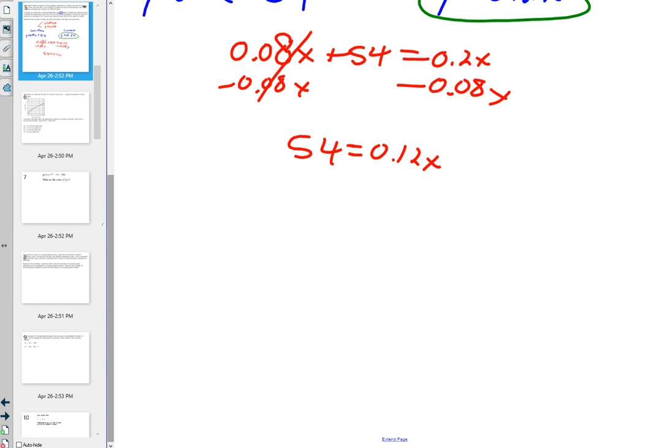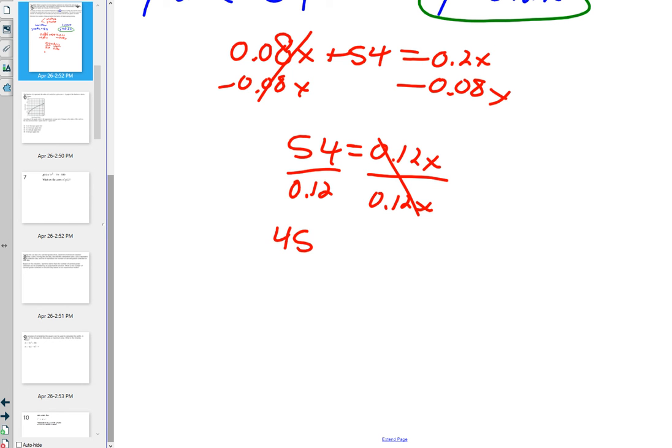Then just divide by 0.12. It looks like it's going to take a while. 54 divided by 0.12 is 450 days. So it'll take a little bit over a year. After 450 days they start saving money.